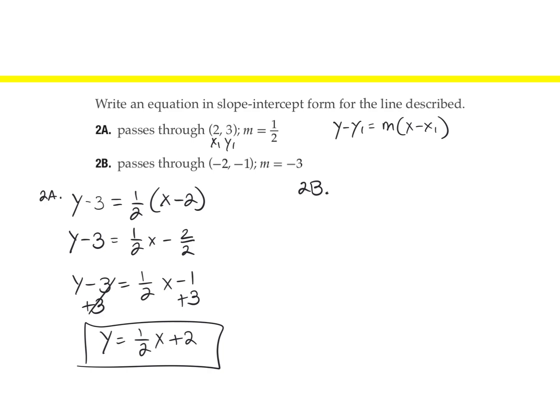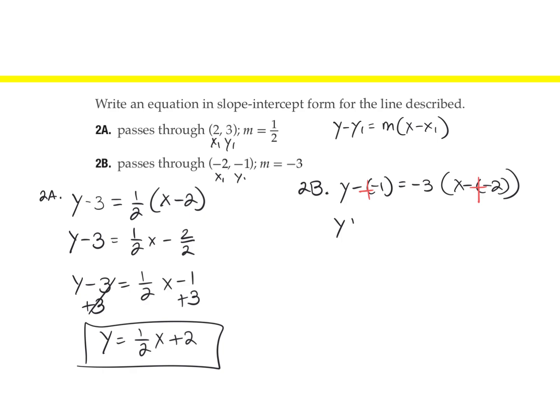Now 2b passes through the point (-2, -1) with the slope of -3. This is your x1 and this is your y1. So I'm going to say y minus -1 equals -3 times (x minus -2). Now everything that has a minus negative is going to become a positive.